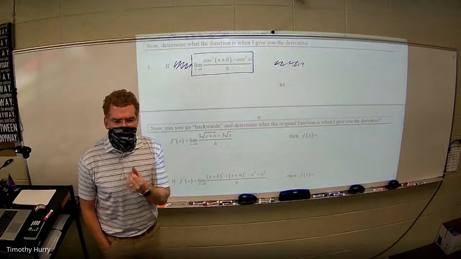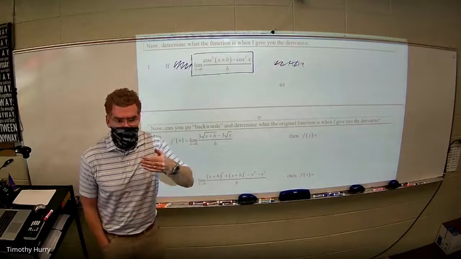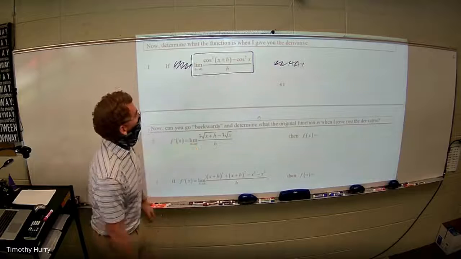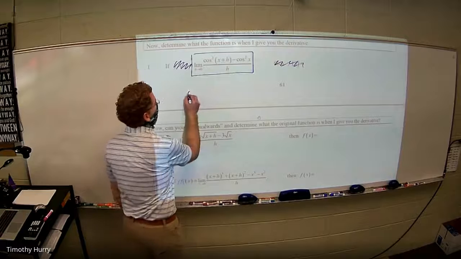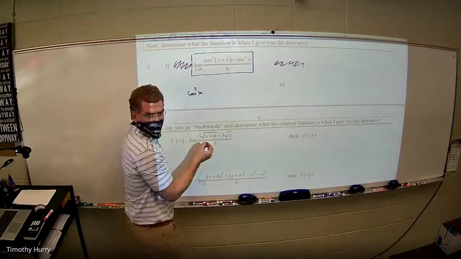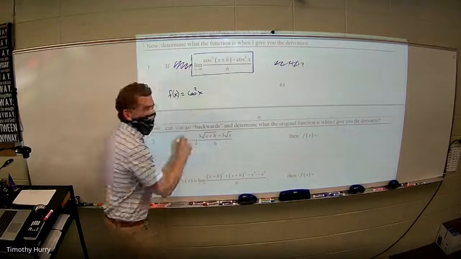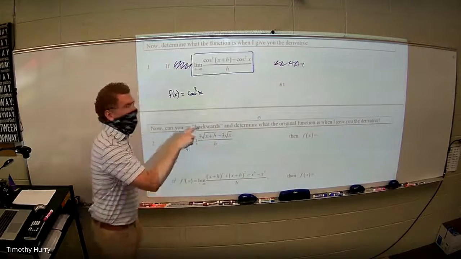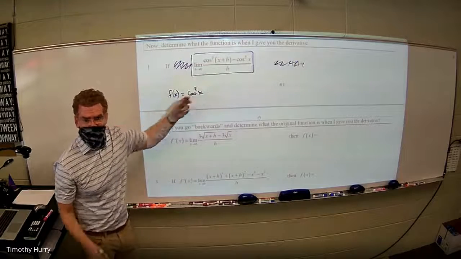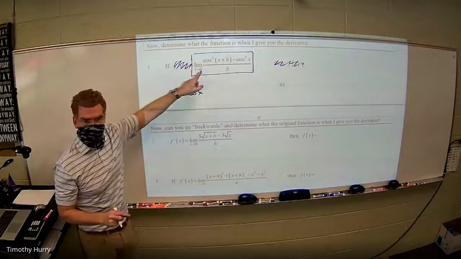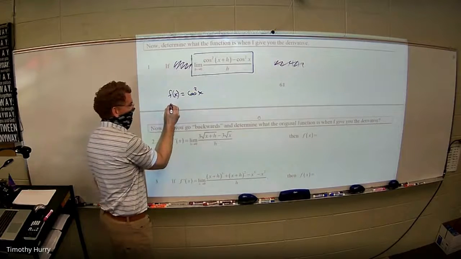So if I could only find that function, what function got x plus h plugged into it? Can you tell? Cosine squared of x, right? So if that's my function right here, instead of doing the limit definition of a derivative or doing that limit, if I recognize that that's a derivative, I could pull out my derivative rules and just take the derivative of this function.